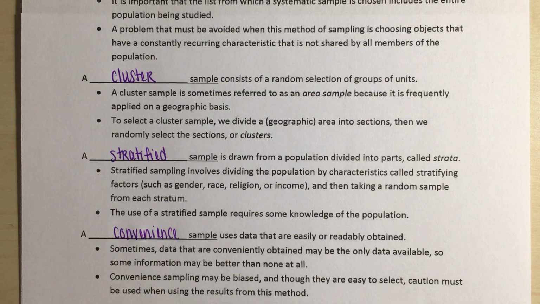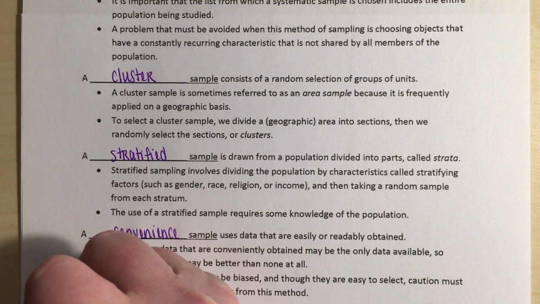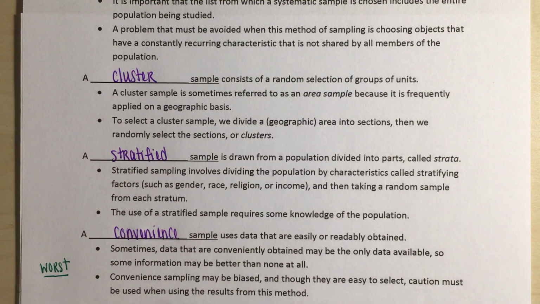So although they are easy to select, the data may be easy to obtain, caution must be used when using results from this method. If our truly random sample was our best way of sampling, the other ones aren't necessarily in any particular order, but our convenience sample is going to be the worst possible way of selecting our sample because it could lead to some sort of bias.